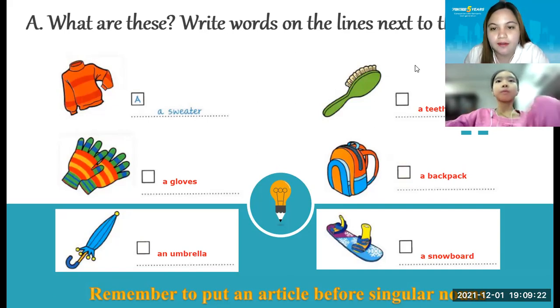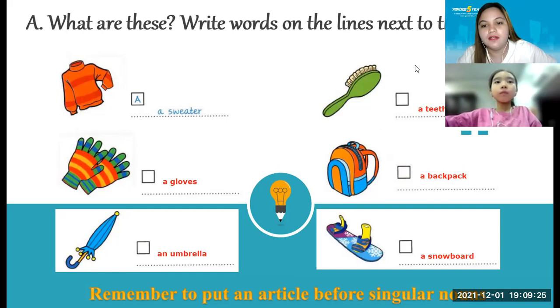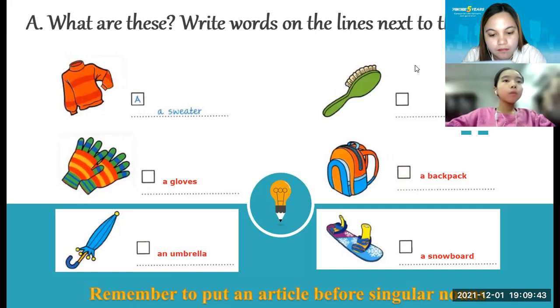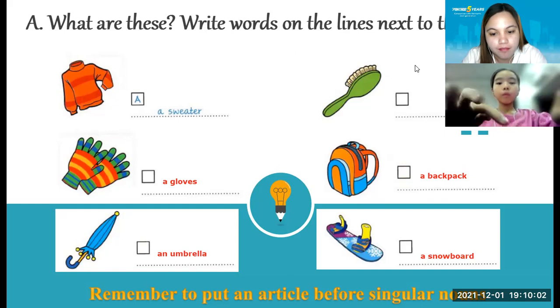You can change that one. It's not a toothbrush. A toothbrush.